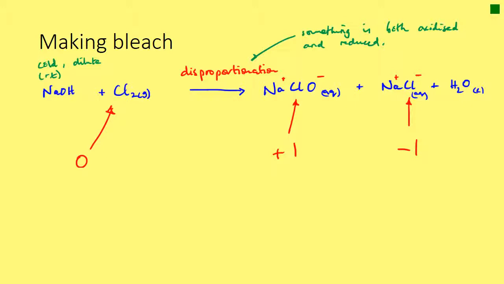So cold and dilute sodium hydroxide reacted with chlorine gas, and they react. It's a disproportionation reaction, which I will explain in a second. Then we get our bleach, sodium chlorate, which is also in solution. And we get some sodium chloride and some water. So sodium chloride is in solution and water is obviously liquid.